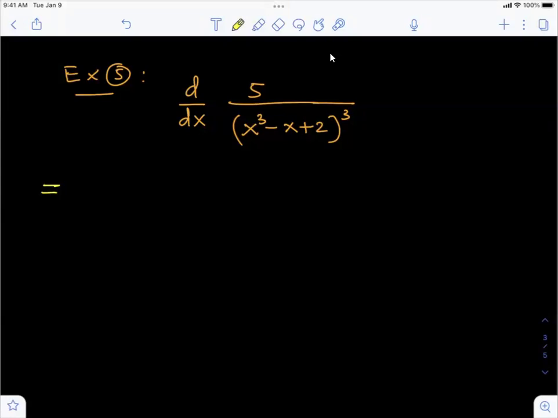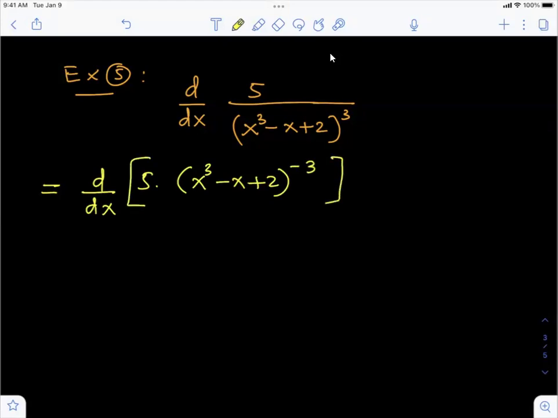But if you look at this very carefully, some quotient rule problems can be converted to power rule problems. And in this scenario, inside the power, you have a different function. And this 5 is in this case none other than a constant multiple. So I will bring it out.